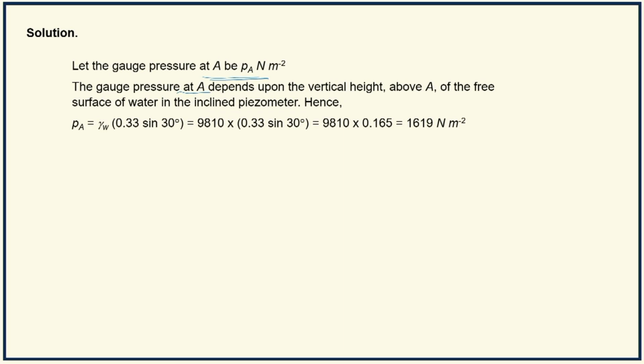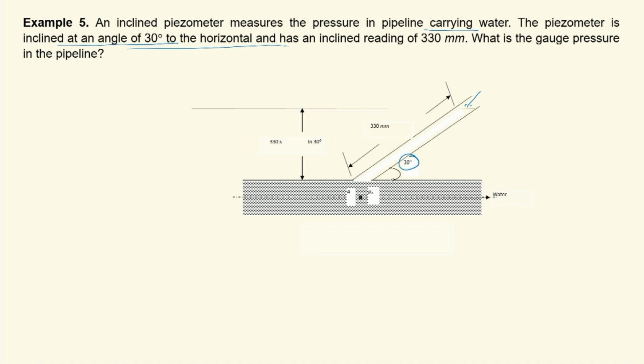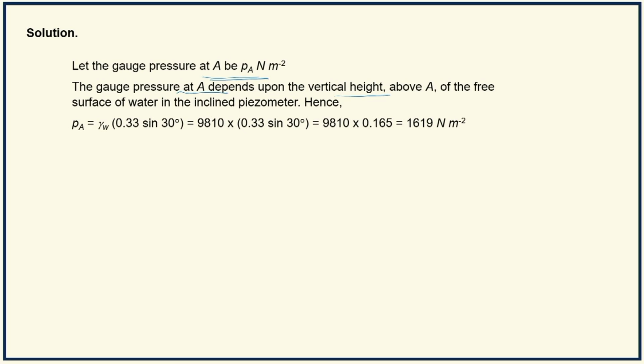The gauge pressure at A depends upon the vertical height above A of the free surface of water in the inclined piezometer. So this is the free surface of water in the piezometer. Now corresponding to this free surface, what is the vertical height of this free surface from A?